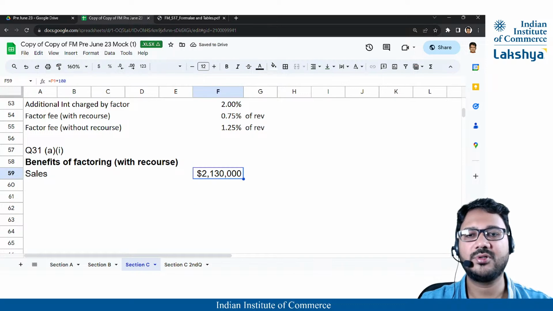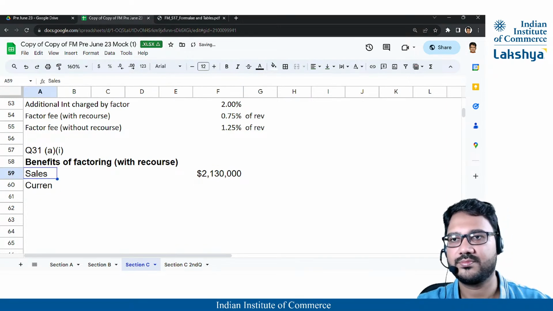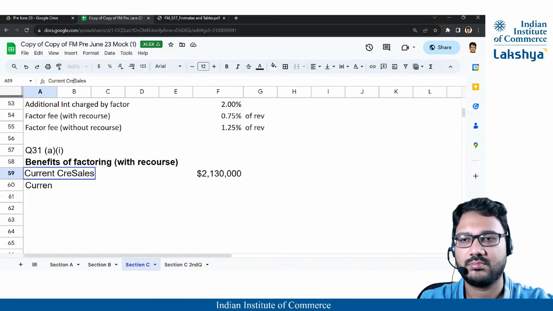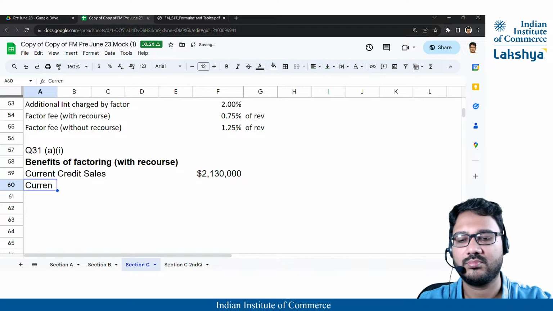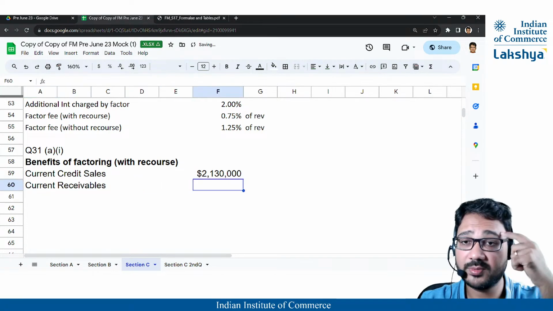Okay, these many thousand, so $2.1 million is our sales. What is the current receivables?